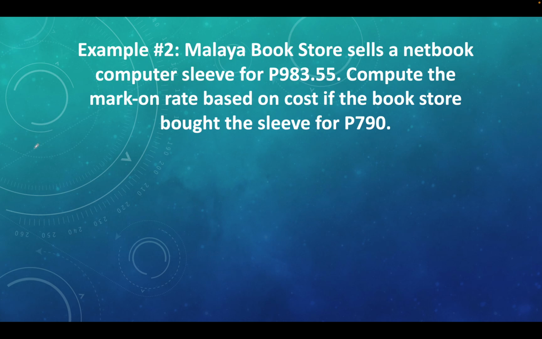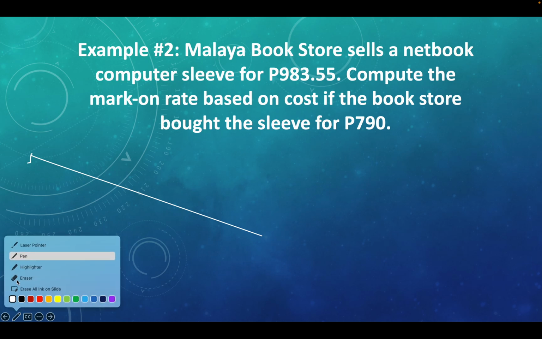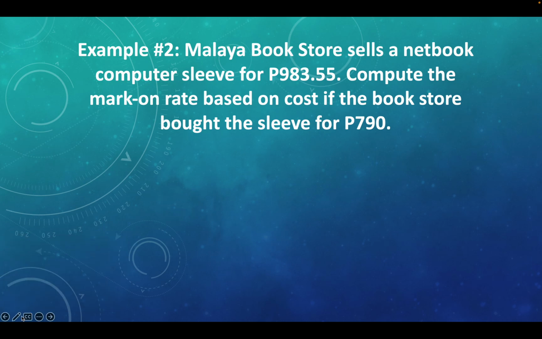Sells the netbook computer sleeve for 983.55. So, selling price natin is equivalent to 983.55. And then, compute the mark on based on cost. So, rate based on cost is the one that is missing.